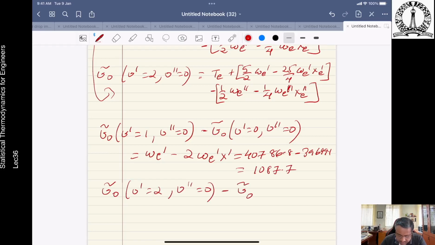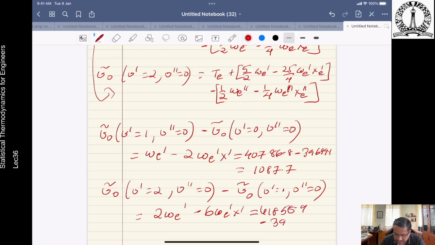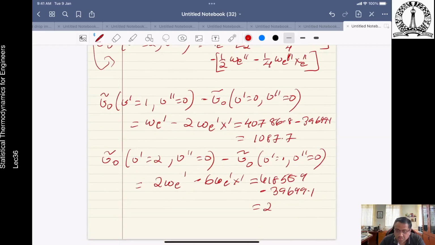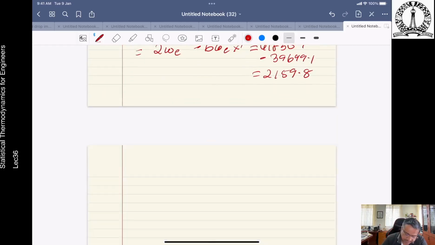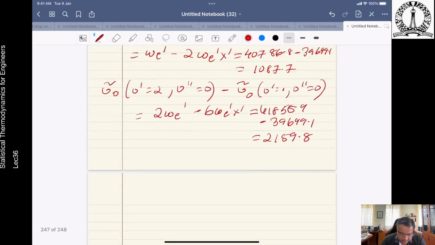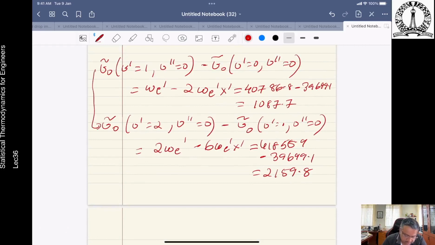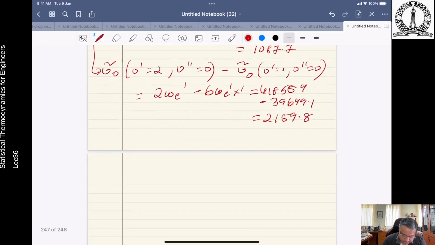Subtracting gives 2 omega e prime minus 6 omega e prime x e prime, which is 41858.9 minus 39699.1, equal to 2159.8.